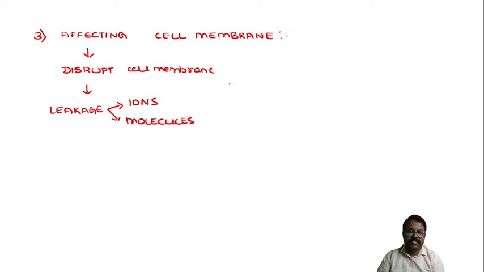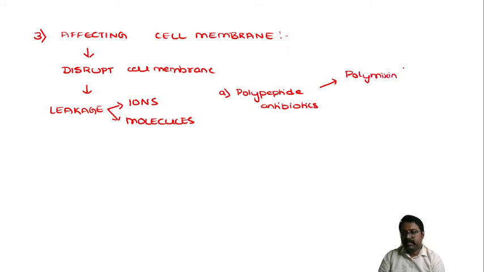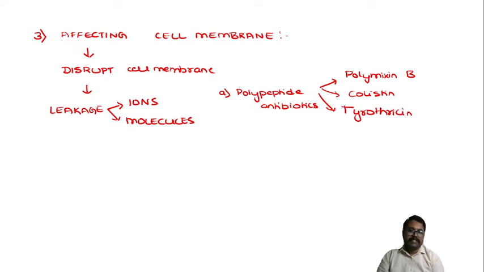The examples are polypeptide antibiotics: polymyxin B, colistin and tyrothricin. These are the polypeptide antibiotics which will affect the cell membrane.